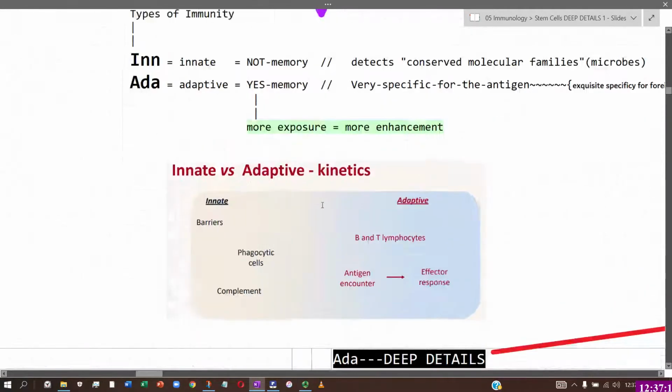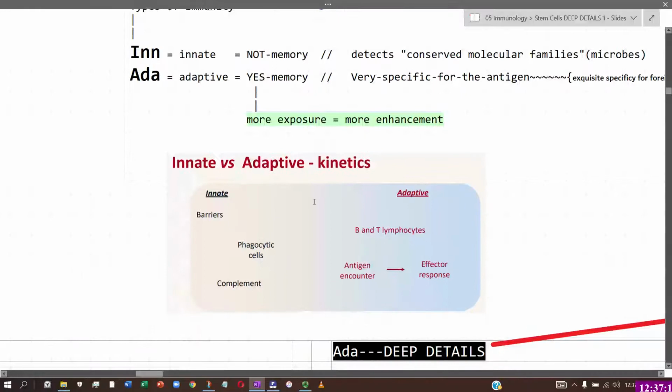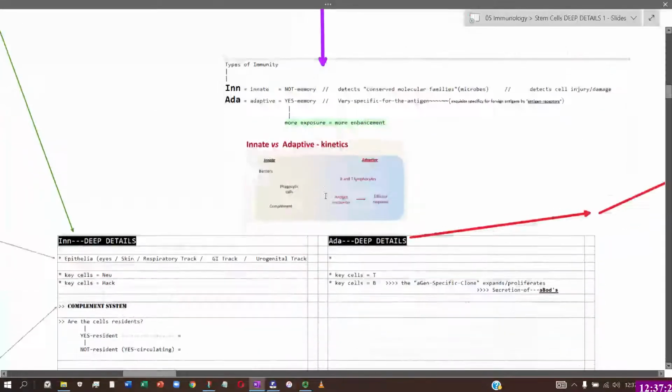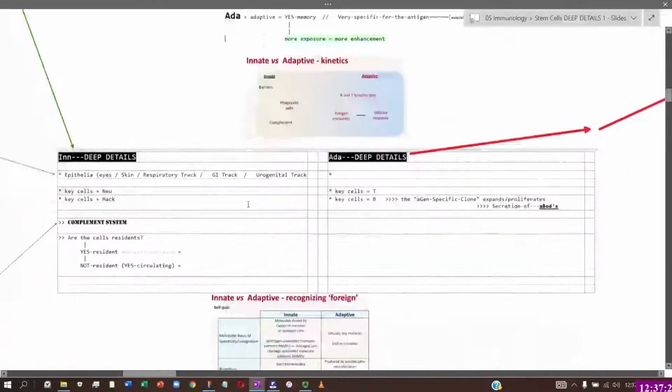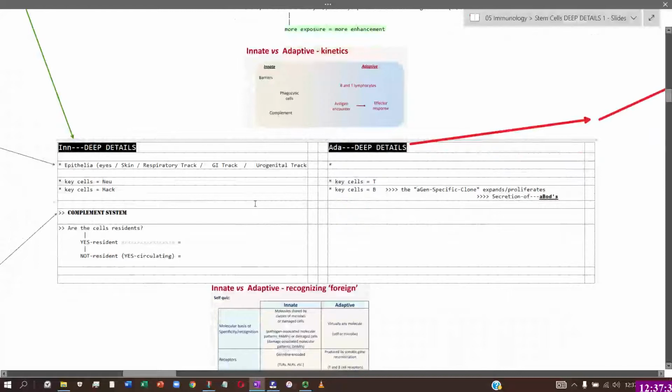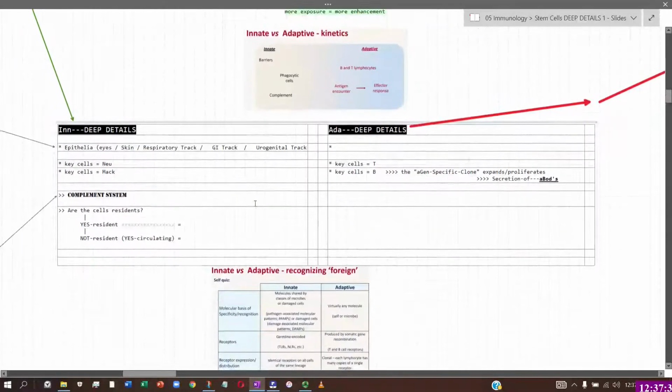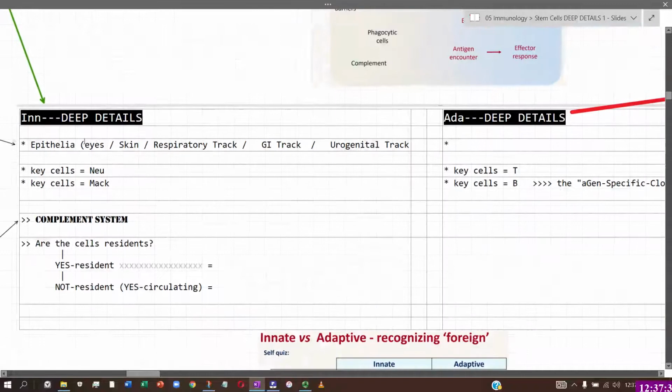Here's another chart, another illustration from the notes, comparing innate versus adaptive immunity. Here is another table. I'll probably combine those eventually. This is just how it worked out so far. When it comes to innate immunity, it pertains heavily to the epithelia, since these are the surfaces touching the outside world.